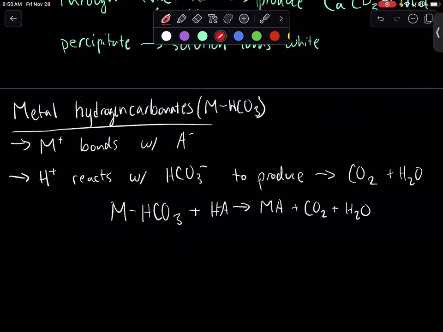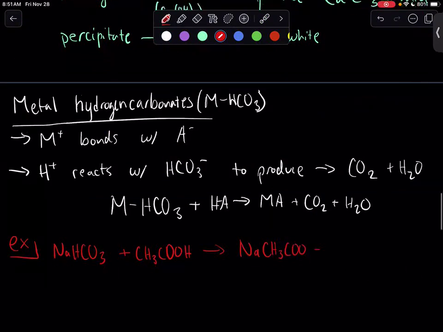The most common form of this reaction that you've probably all seen before is baking soda with vinegar. So NaHCO3, sodium bicarbonate, this is baking soda, plus our vinegar, CH3COOH. Those will react to form sodium acetate, NaCH3COO, plus H2O plus CO2.